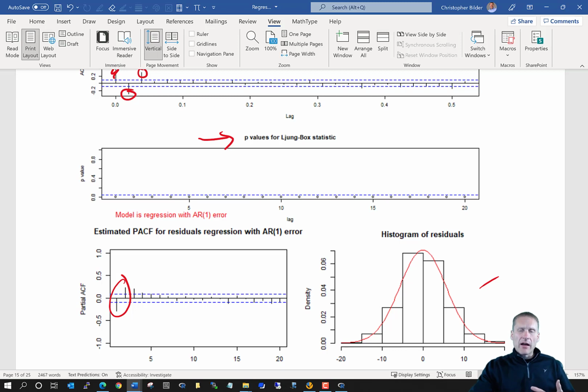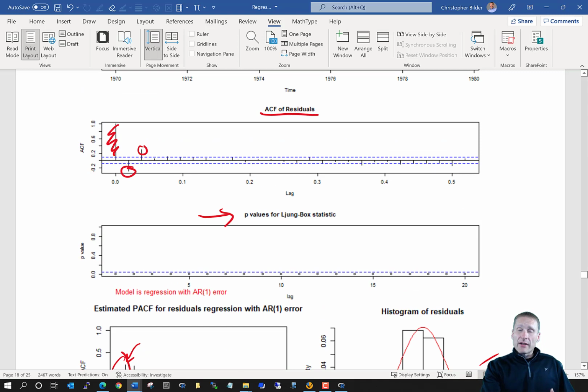In this particular case, I don't think this necessarily leads us to adding one additional AR term to our model. We have two values here, so one thing that I might want to do is, let's start with adding one AR term. If that doesn't work, let's look at another AR term, and so on.